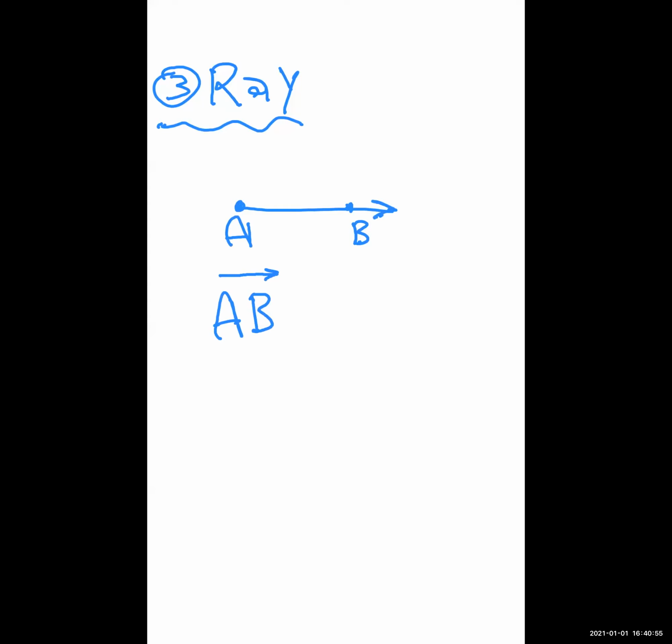So a ray is a line segment extended only from one of its terminals. Maybe it will be AB like this, or like this also, BA. So this is the ray BA. And also, guys, of course, we don't know the length of the ray.